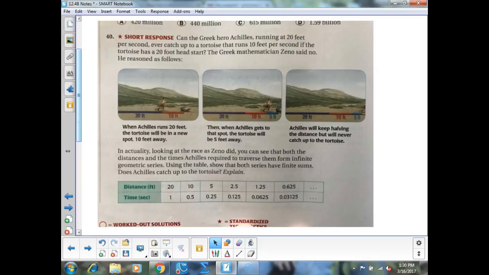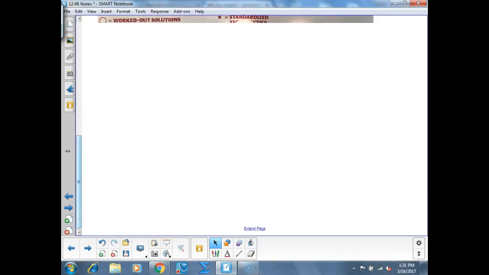What did you guys come up with? 2 seconds, right? Because if you think about it this way, at t equals 0, Achilles is here, and the tortoise is 20 feet away, right?